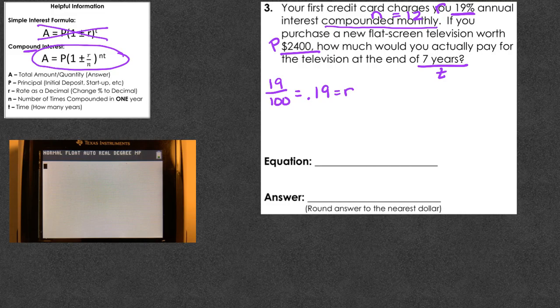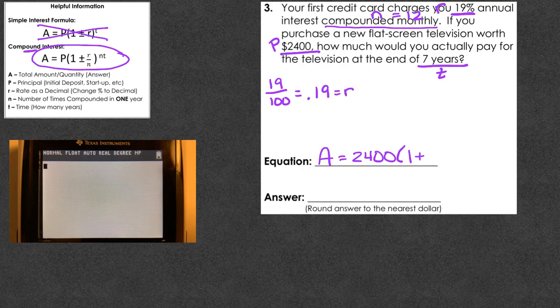And let's go ahead and plug everything into our equation. We know it's going to start with A equals. Our principal amount was $2,400. Open parentheses 1. And since again this is increasing over time, we're going to put a plus because the interest rate is increasing. And then this is the one where you have to use your fraction.